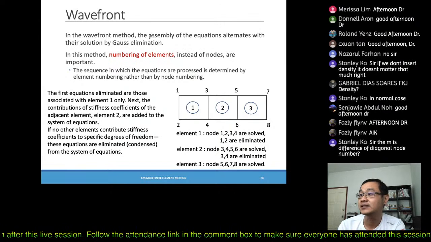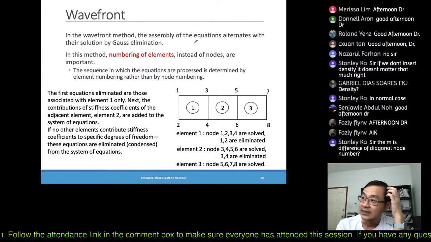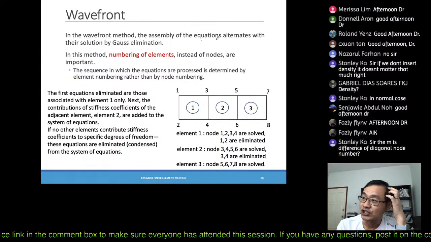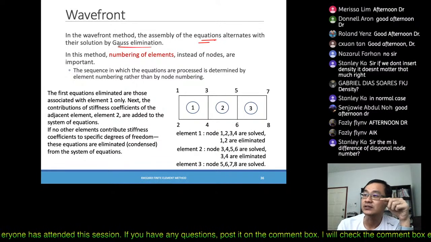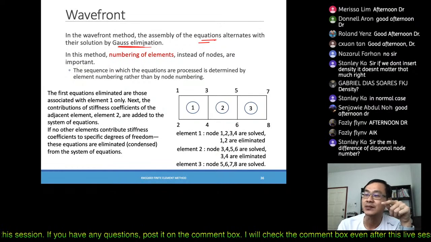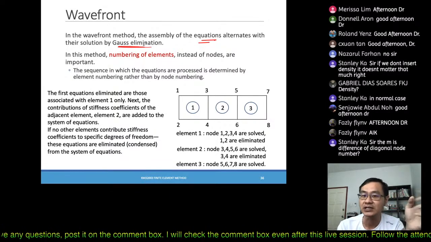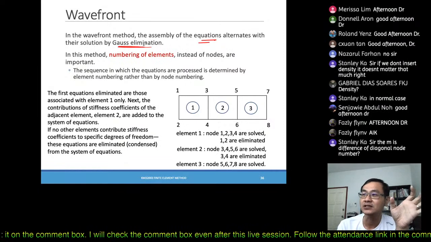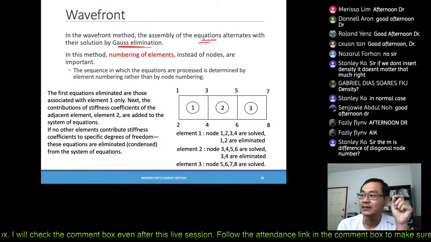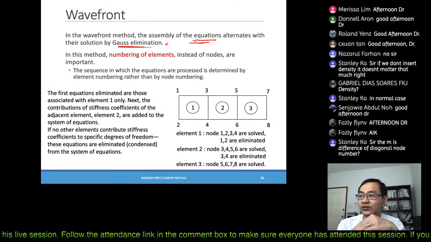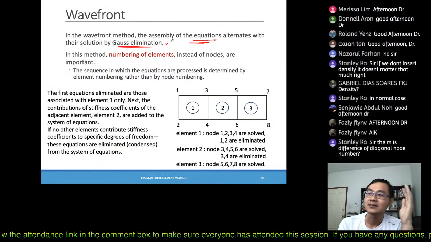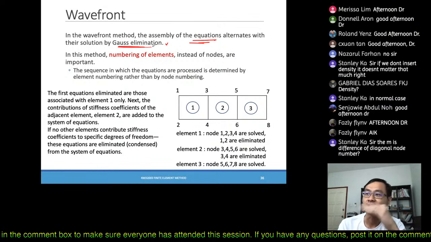In the Wavefront method, the assembly of the equations actually alternates with the Gauss elimination. Gauss elimination is to solve the simultaneous equations. So in this Wavefront method we assemble the equations, solve, then progress, assemble again, solve, assemble again, solve.